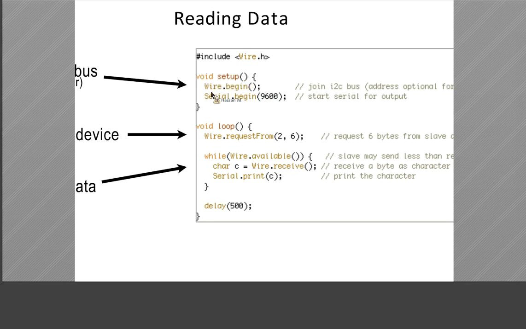In setup, Wire.begin for establishing an I2C connection, Serial.begin for communication between my Arduino and, for example, my laptop. This is the baud rate, which must be the same on both sides.